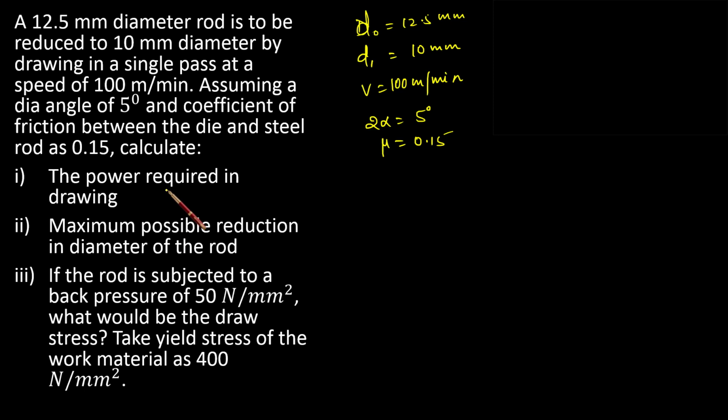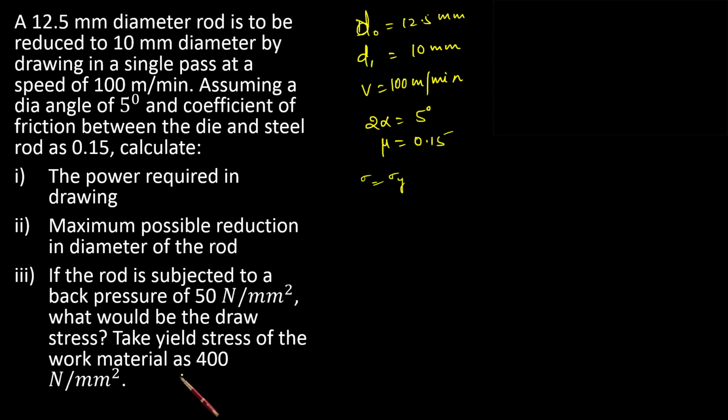And maximum possible reduction in the diameter, maximum possible when sigma 2 is equal to sigma y. Is sigma y written somewhere? If the rod is subjected to back pressure of 50 Newton per millimeter square, what would be the draw stress?